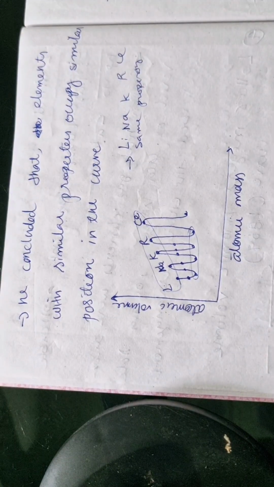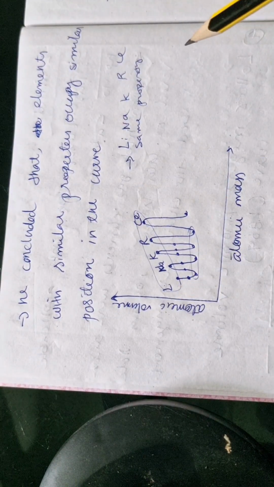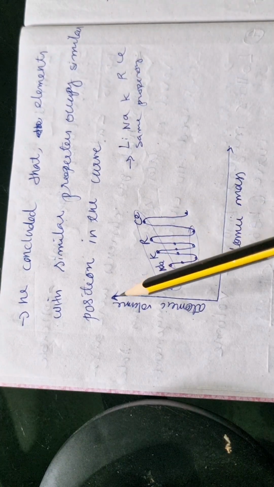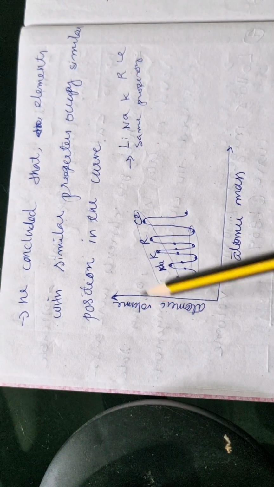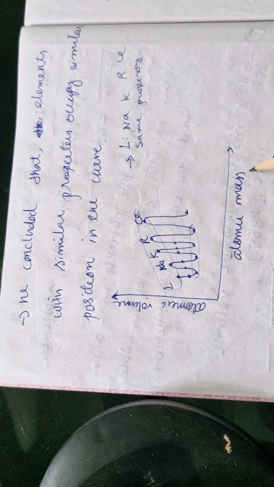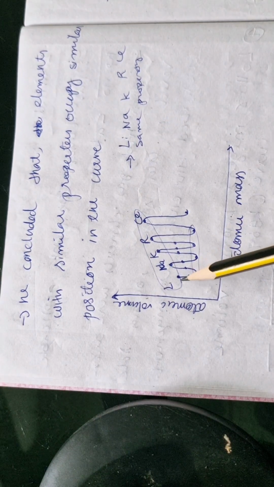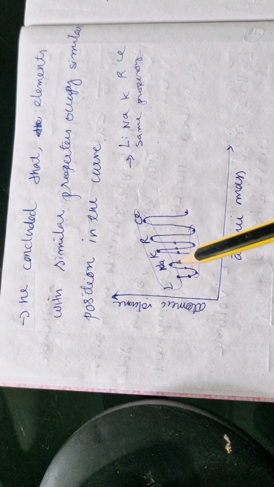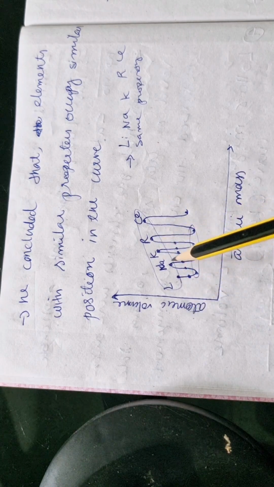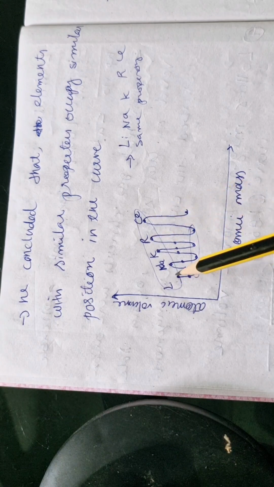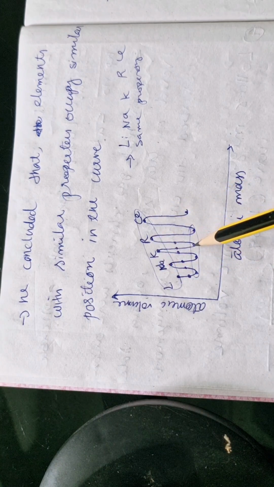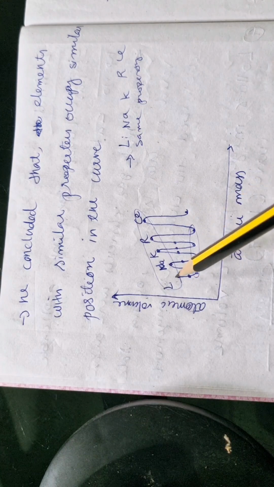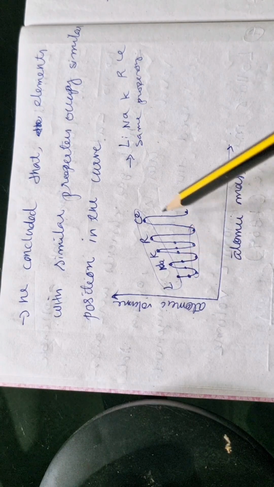So he concluded that elements with similar properties occupy similar positions in the curve. Here is the atomic volume on the y-axis and atomic mass on the x-axis. He took the atomic mass and atomic volume of each element, united the positions of each element, and got a curve.